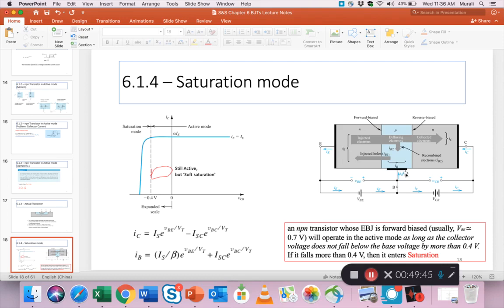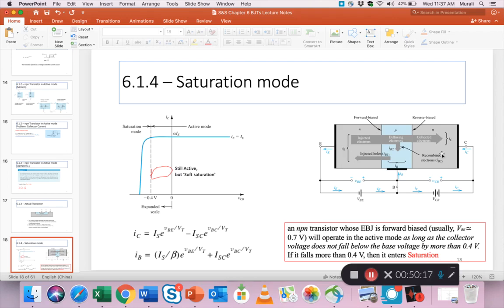The emitter base junction has to be forward biased, so that you understand, not a problem. But the base to collector junction has to be reverse biased, right? That means this is positive, this is negative, right? So the N region, the collector region, should get a positive voltage.